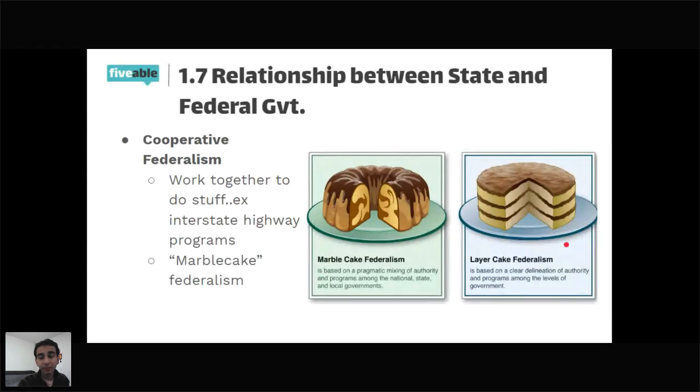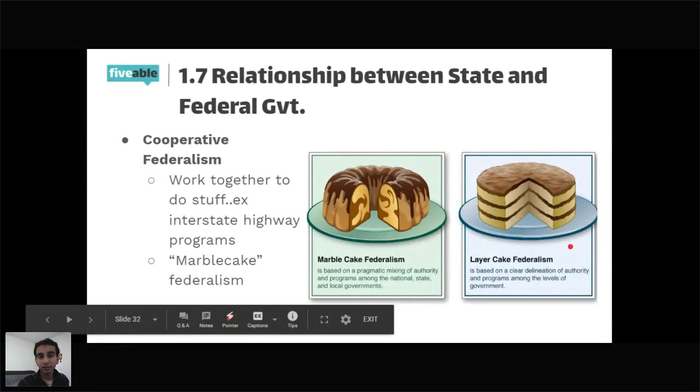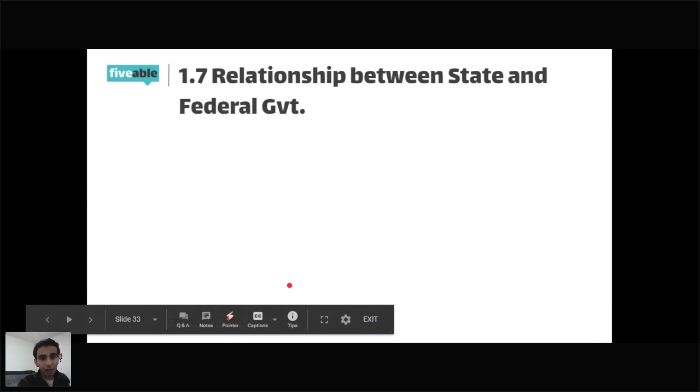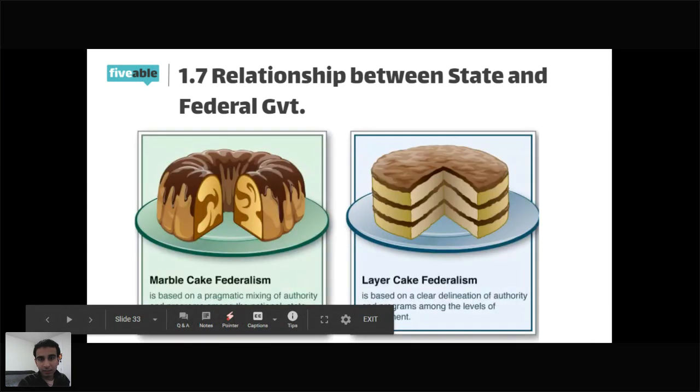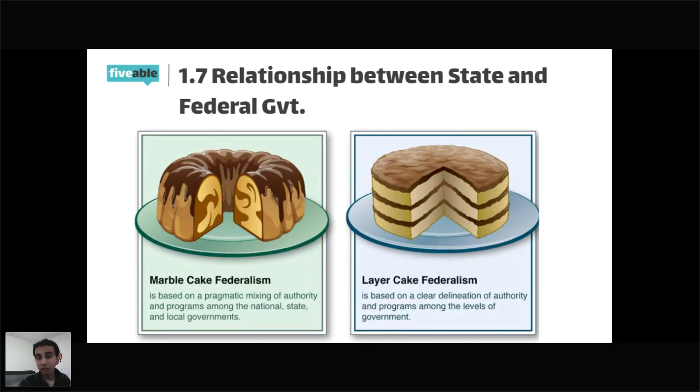A lot of what happens in the United States now is cooperative federalism, and like I said, there's a blurred distinction. If you want to see the graphic, there it is: layer cake federalism is a clear delineation of authority, and marble cake federalism, or cooperative federalism, is a mixing of authority between national, state, and local.